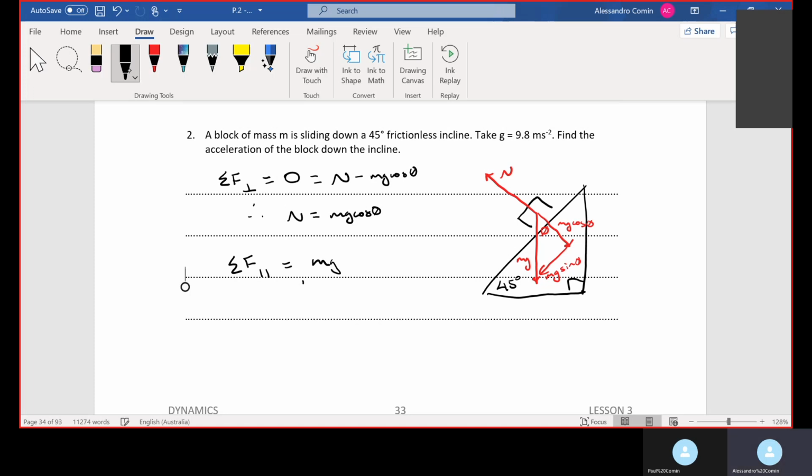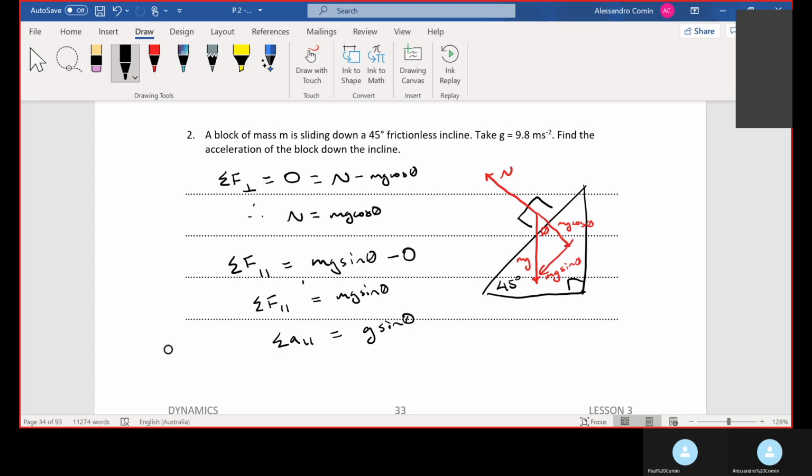That's going to be mg sine theta minus 0. So the net force down the slope is mg sine theta. It's asking for the net acceleration, so the net acceleration down the slope is just g sine theta. And I hope we can see how that works.